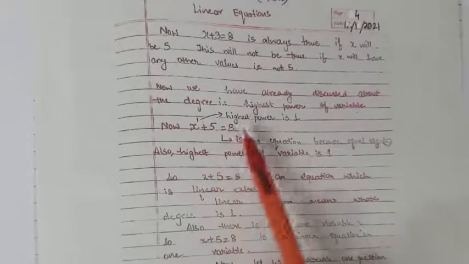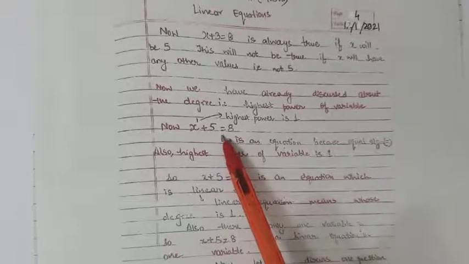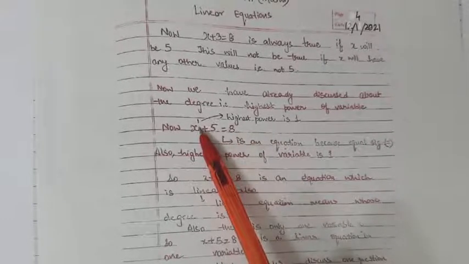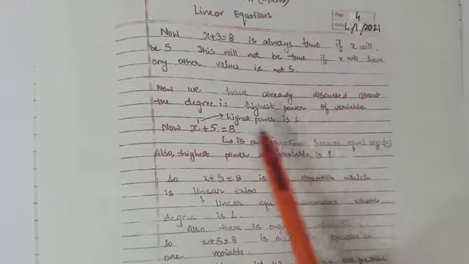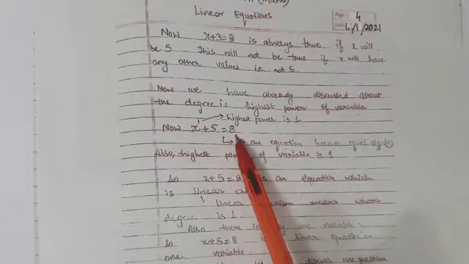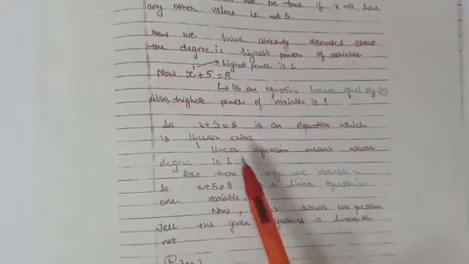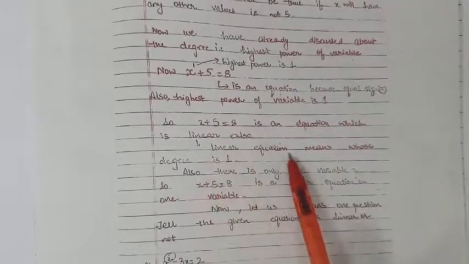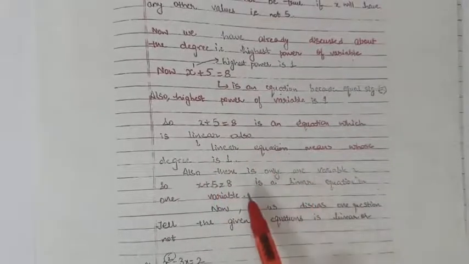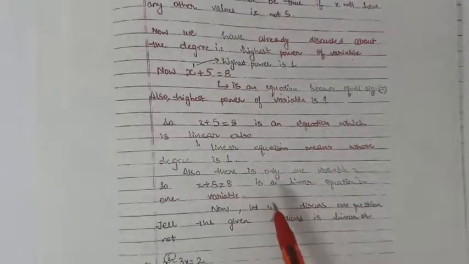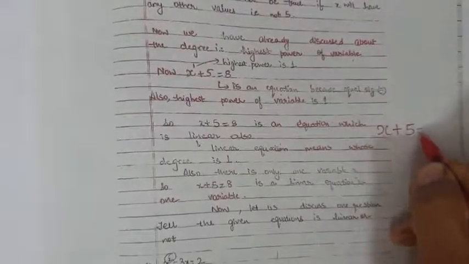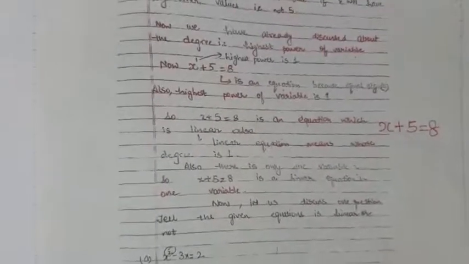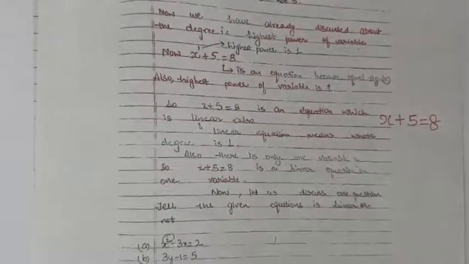So this is an equation because the equality sign is there and the highest power of the variable is 1. Whenever the highest power of the variable in an equation is 1, we call it a linear equation. Also, there is one variable only, so we can say that x plus 5 is equal to 8 is a linear equation in one variable.